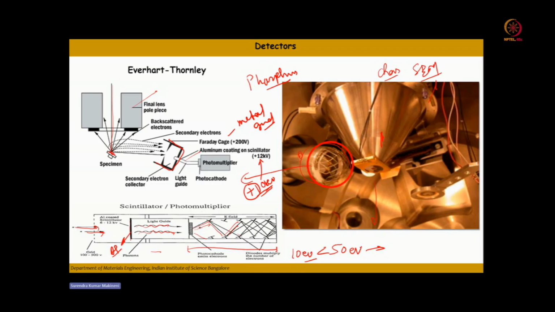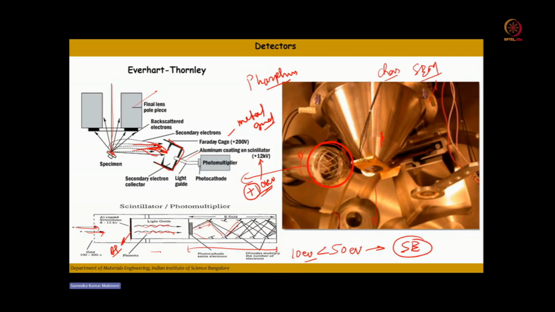First, it prevents the high voltage of the scintillator from affecting the electron beam coming towards the specimen. Also, it improves the collection efficiency by guiding the secondary electrons towards the scintillator. These are the two functions of the metal grid or Faraday cage. So this is the detection of secondary electrons.